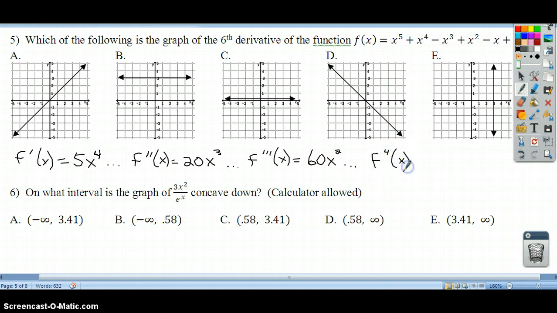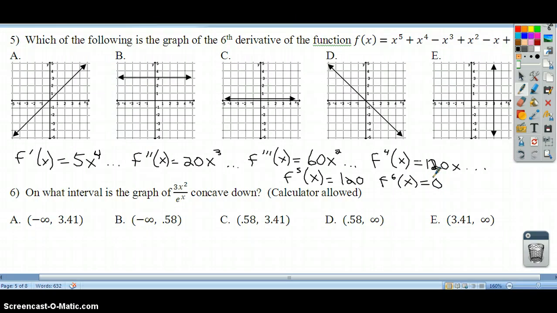I'll just abbreviate it there. 120x, dot, dot, dot, f the 5th derivative 120, and the 6th derivative, we know the derivative of a constant is 0. So the 6th derivative is 0 for every x.